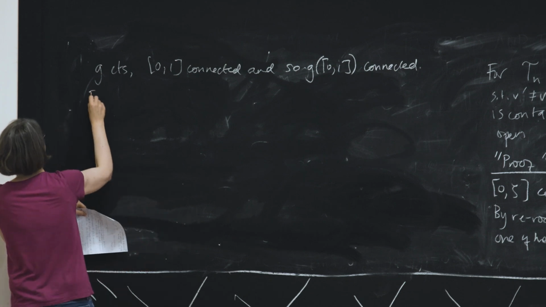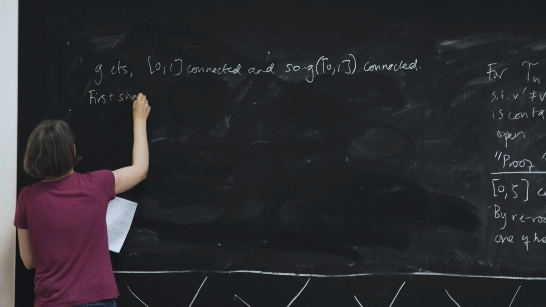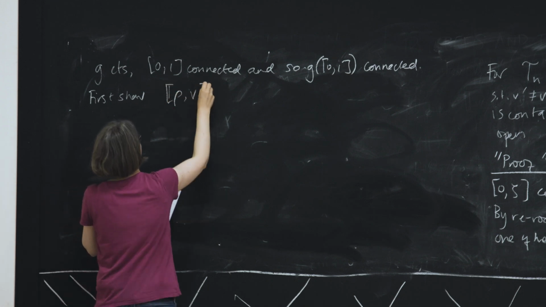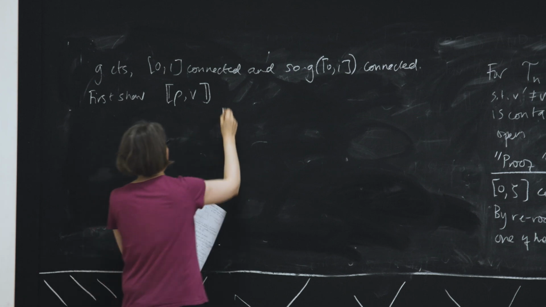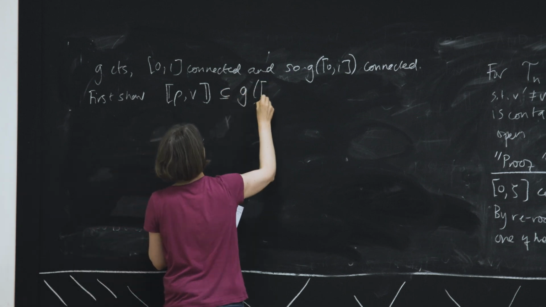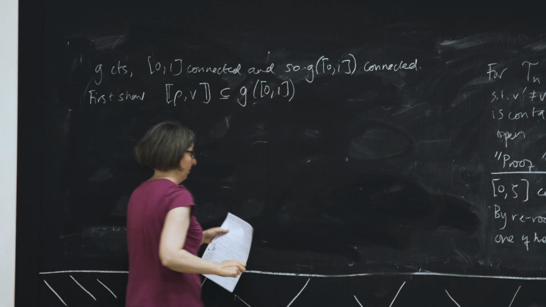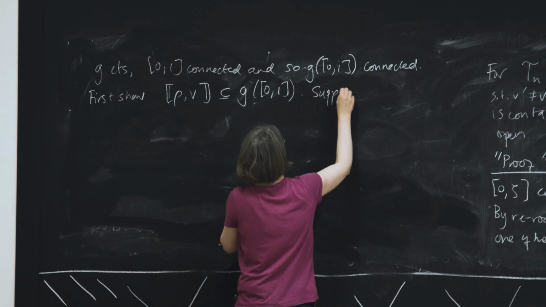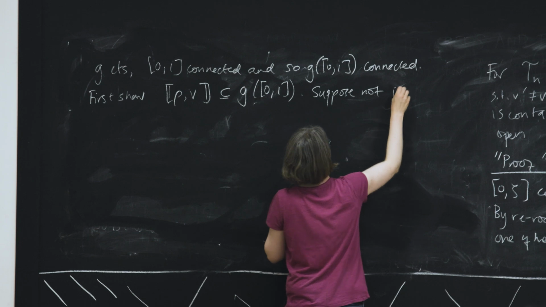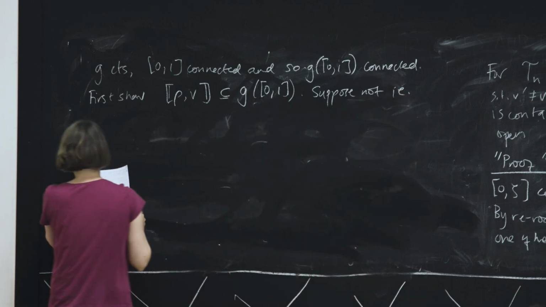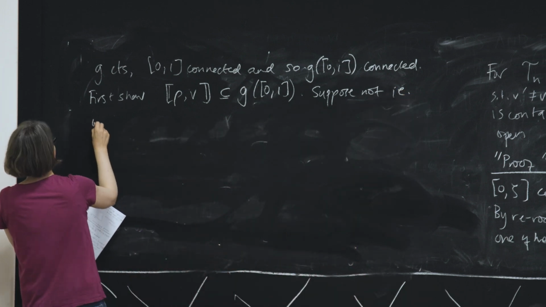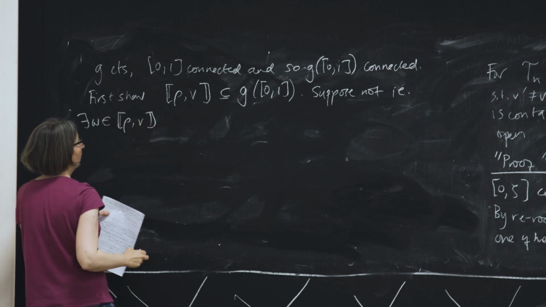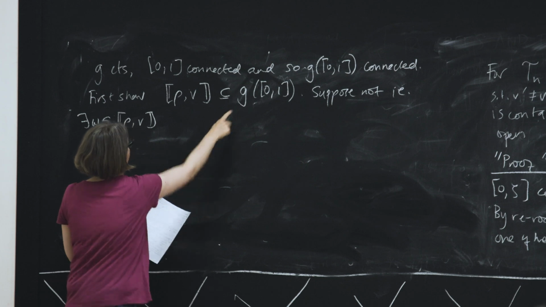So I first show that this set of ancestors of the vertex V must be contained in the image under G of 0, 1. So let's suppose not. So in other words, there exists some W which is in the ancestral line, which is not in this image here.